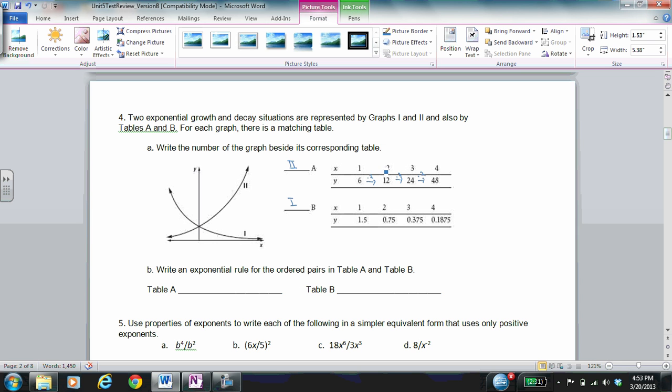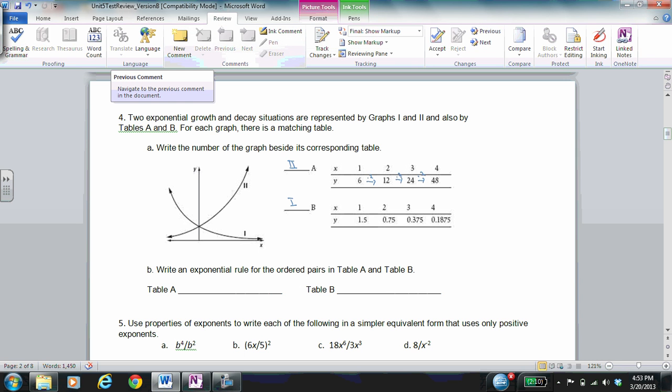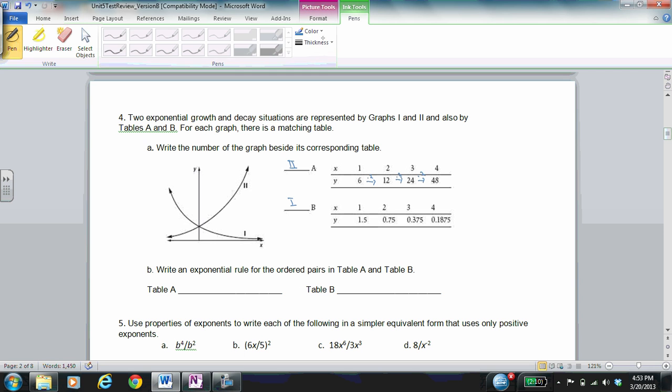So now we want to write a rule for table A. This is very important to remember. We know it's exponential growth and exponential decay, so we have to remember rules for exponential functions. Exponential functions always fit this structure, a times b to the x, where a is the starting value, and b is the common ratio.